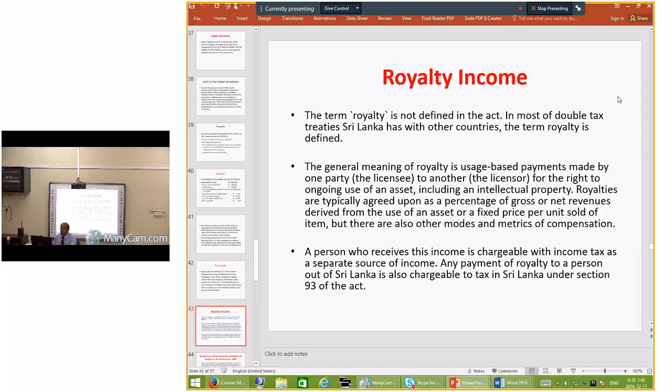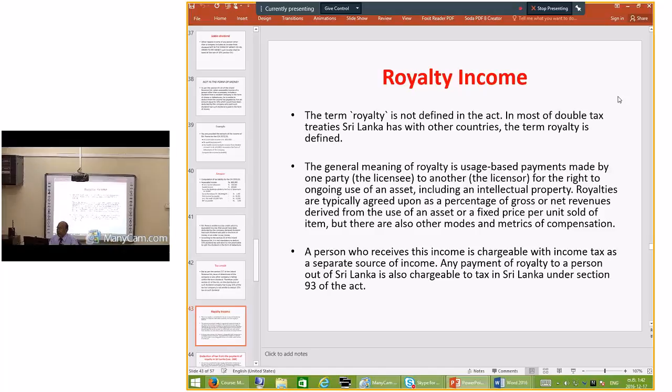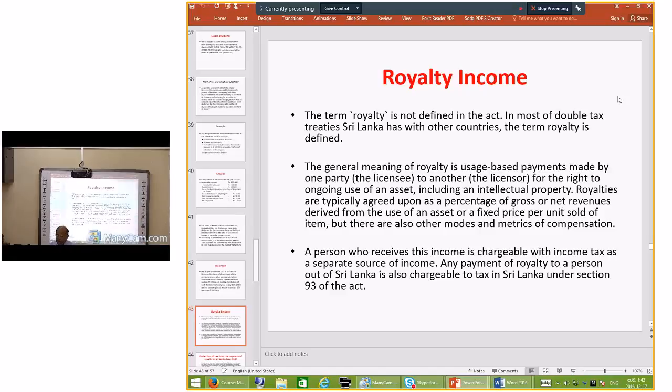The recipient pays 10%, but the paying company reduced the liability at the same amount for a 28% tax. Right.